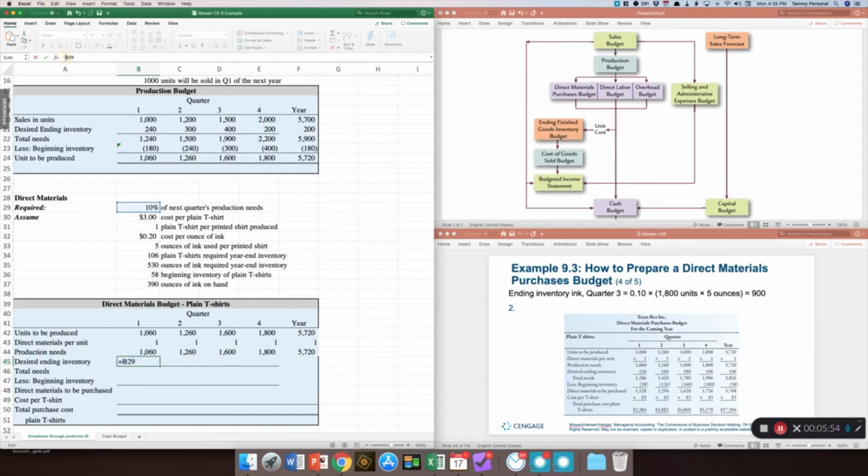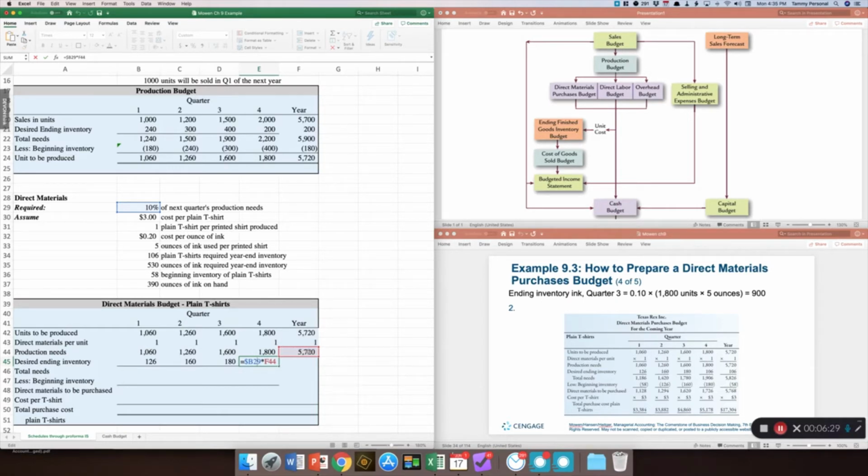Again, we make that an absolute cell reference. 10% times, I'm sorry, I didn't complete the calculations, 10% times next quarter's needs. So there's that. Now remember, just like before, if we just drag that formula all the way out to the fourth quarter, it is going to be picking up off of the yearly total, which is not what we want to do, right?